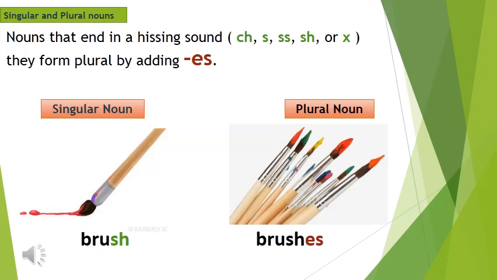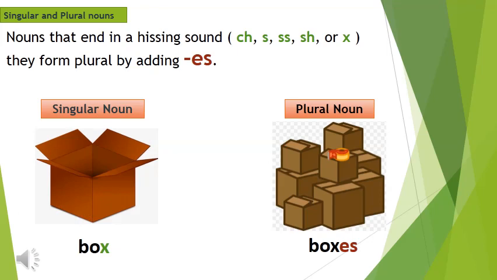So it will become brushes. Box. The last letter of box is x. So we will add es at the end to make it plural. The plural noun of box will be boxes.